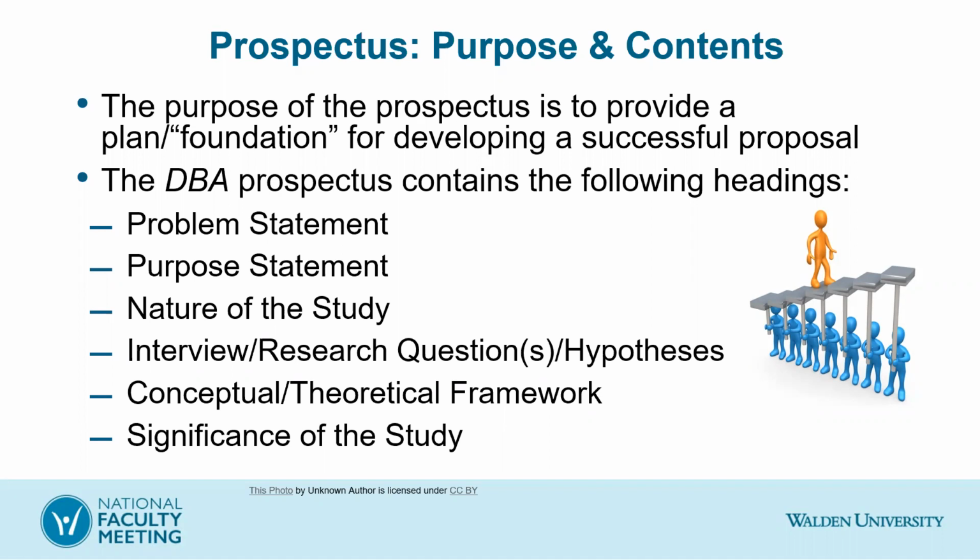With what method and design are we going to address a specific business problem? What's the nature of the study? How are we going to go about it in terms of the method and the specific design we've chosen? And equally important, why didn't we choose other methods or other designs instead of what we're proposing?